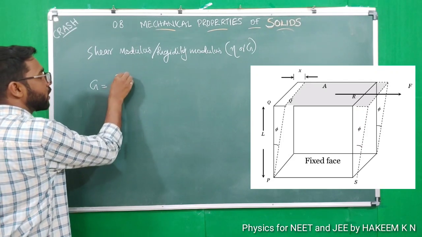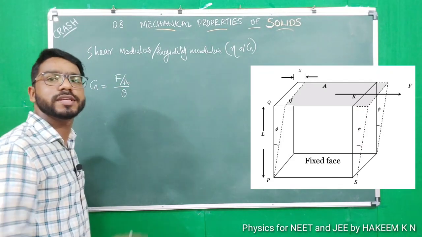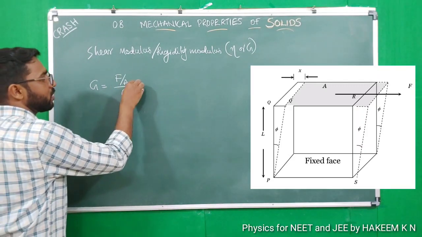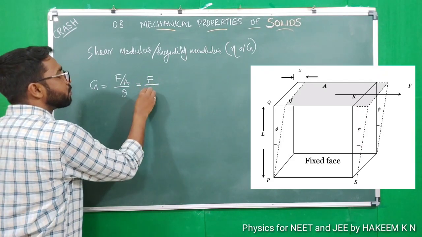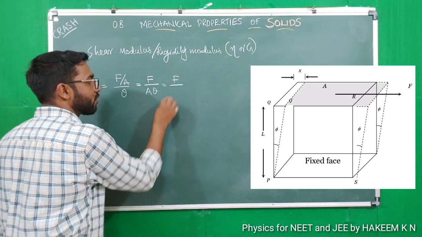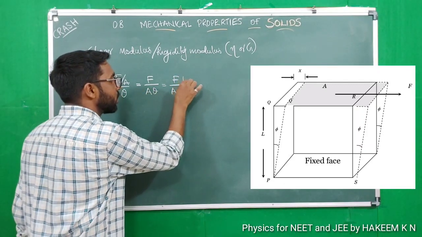That is, F by A is the shear stress, and shear strain is defined as theta, the angular displacement of a perpendicular plane. So F by A theta, where theta is X by L.